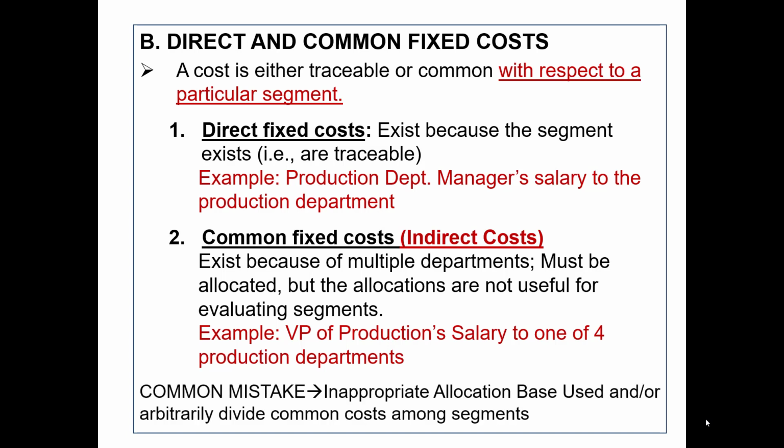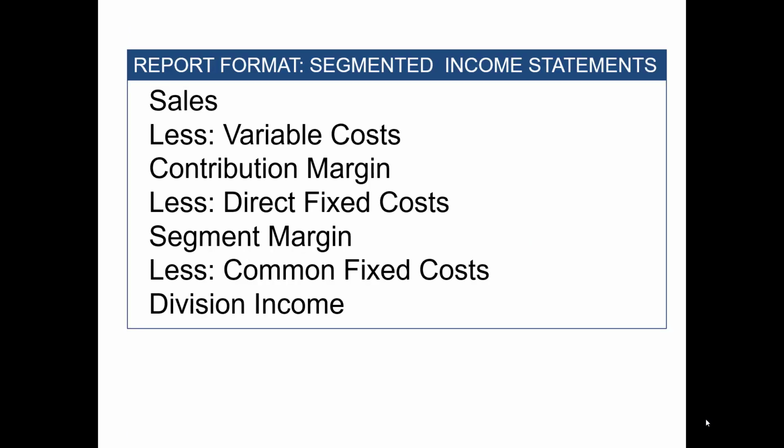Companies often make mistakes in believing that the way they've divided up the cost is useful. And so what we need to do is look at a new income statement format. And you may be thinking, another new income statement format? Well, it's true, but if you take a look, you can see that it's really very much like the contribution margin income statement.